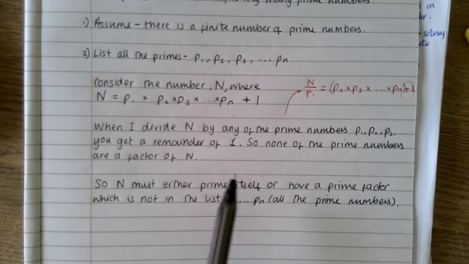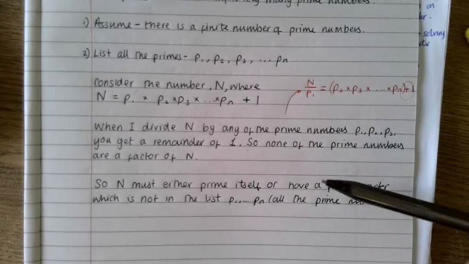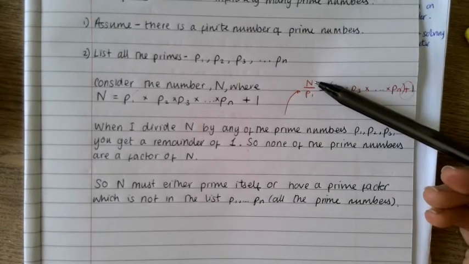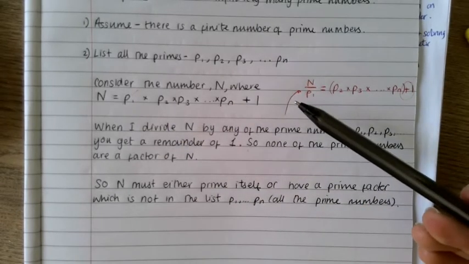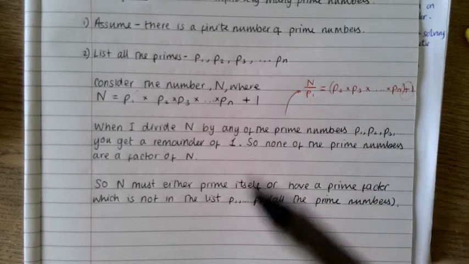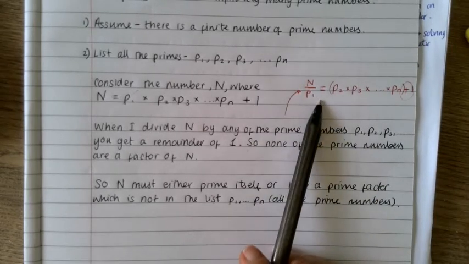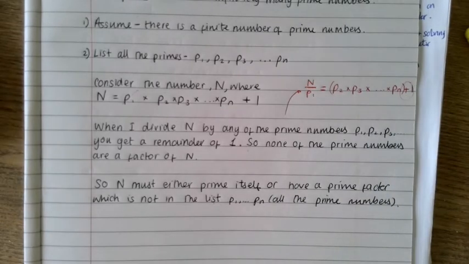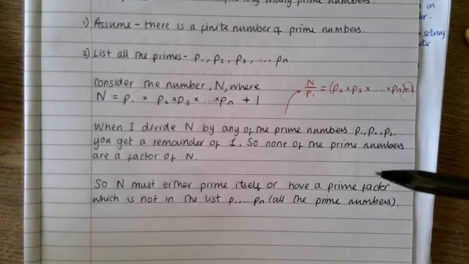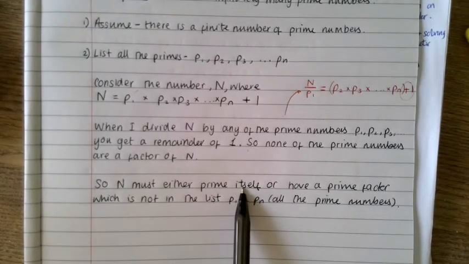So, just to recap that, when we took this number N, which is just a number that I created by multiplying all my primes together and adding 1, it's just a number in the universe that exists, and I divided it by one of the primes, I get this remainder of 1, which means none of the primes divide perfectly into N. And that means if there's a number where there's no other number that divides perfectly into it, apart from itself or 1, it must be prime itself.